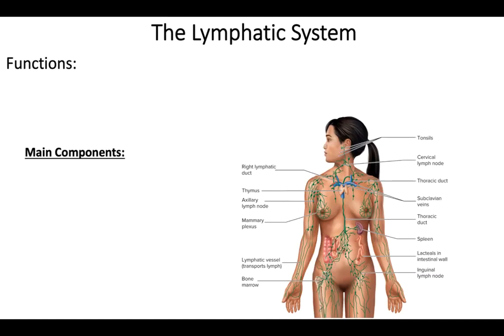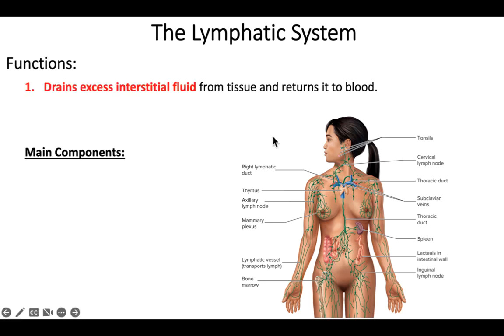Okay, so let's talk briefly about the basic functions of our lymphatic/immune system. Number one is draining excess interstitial fluid from tissue and returning it to the bloodstream. So this gets us back to that concept in blood vessels where we talked about bulk flow and the imbalance that occurs at capillaries.